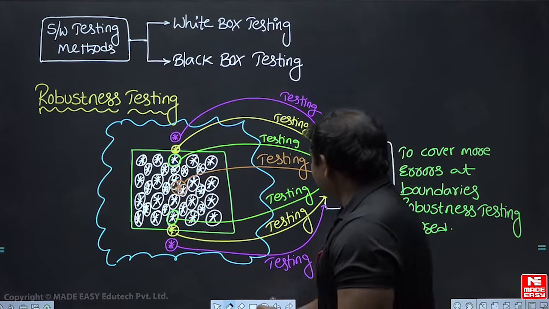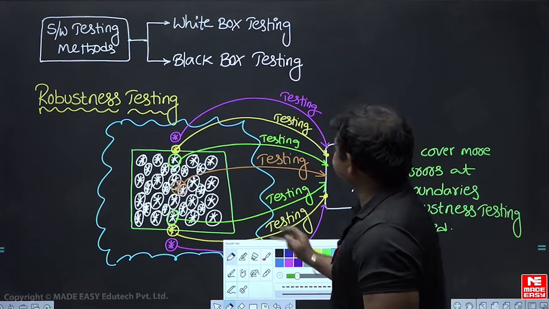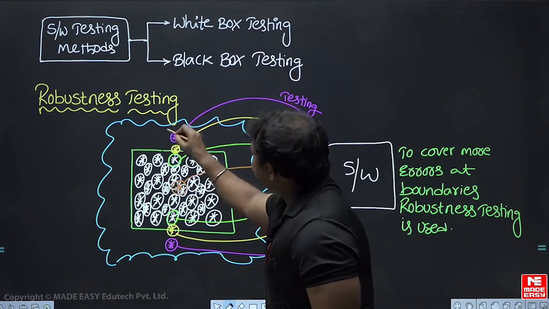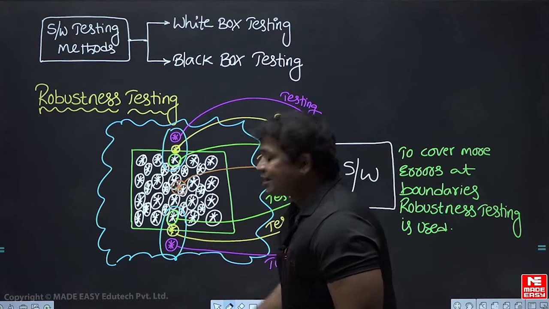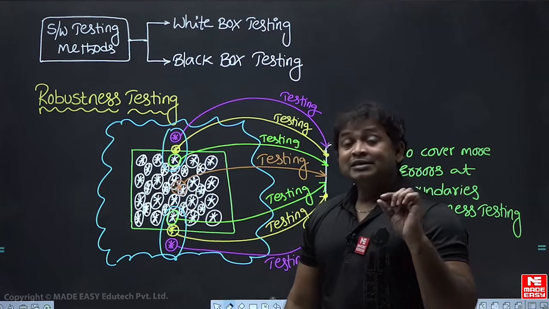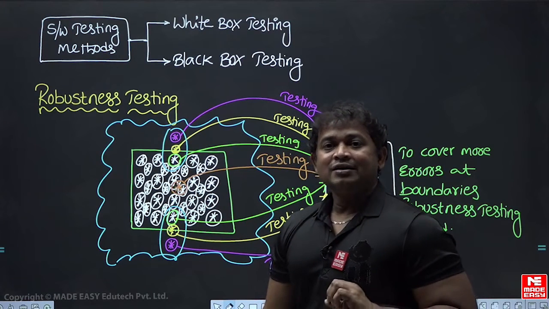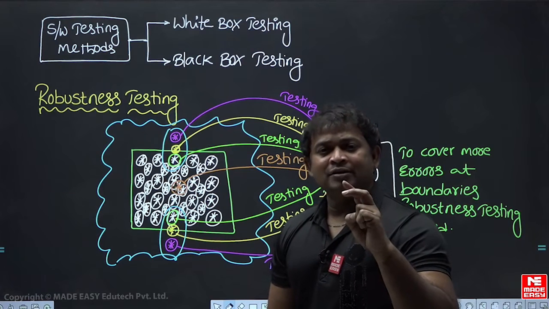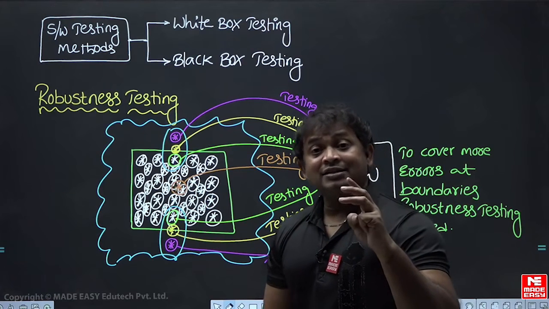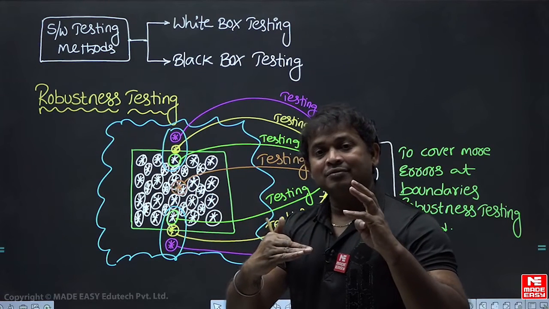Therefore, a total of 6 test cases are required. See this? Here 3, here 3. One test case at the lower limit, another at the upper limit, another just above the lower limit, another just below the lower limit.